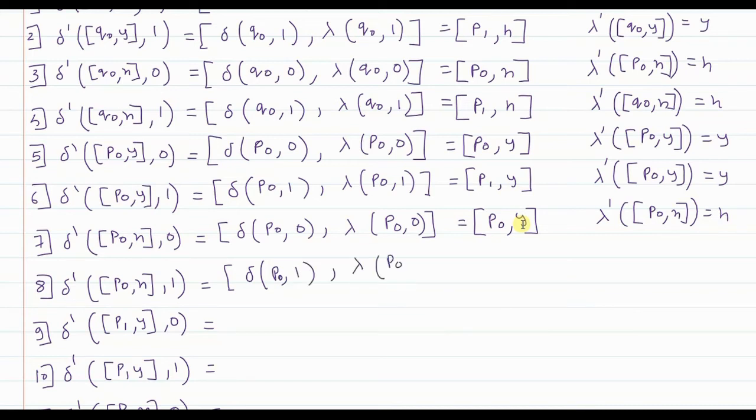On similar lines we write δ of P0 comma input 1 comma λ of the state P0 comma input 1. So this can be written as: P0 on 1 we have already calculated here. δ of P0 on 1 happens to be P1 and λ of P0 on 1 happens to be y.